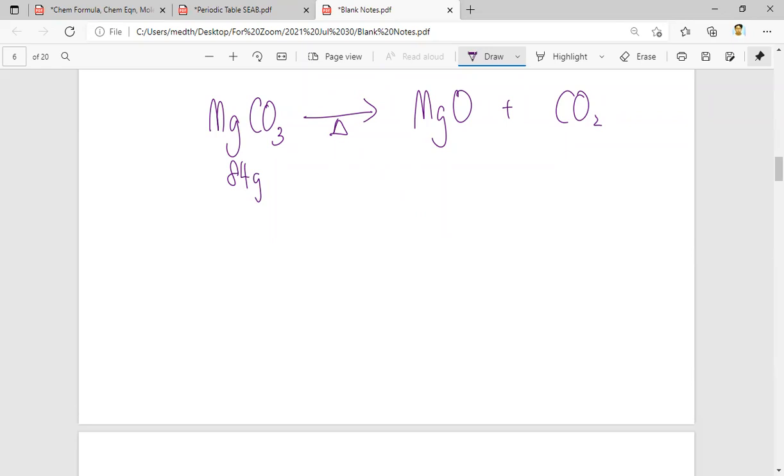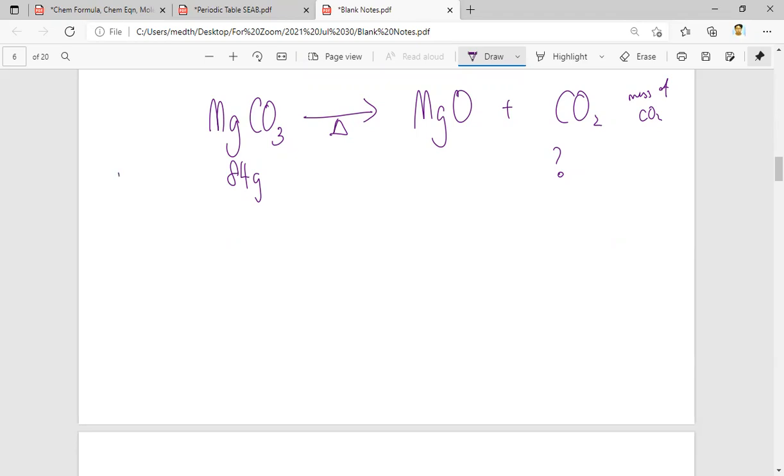I want you to tell me the mass of carbon dioxide produced. So I'm starting from 84 grams of magnesium carbonate, given at the start, and they tell me to find the mass of carbon dioxide. This is my own created question. From magnesium carbonate, go to mass of carbon dioxide.